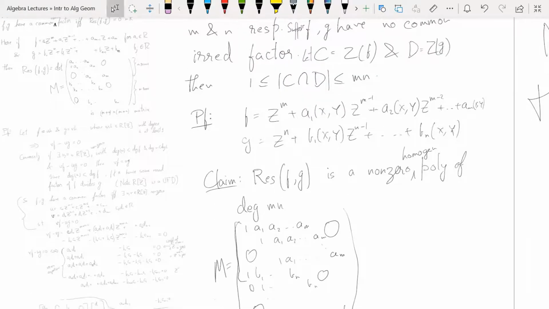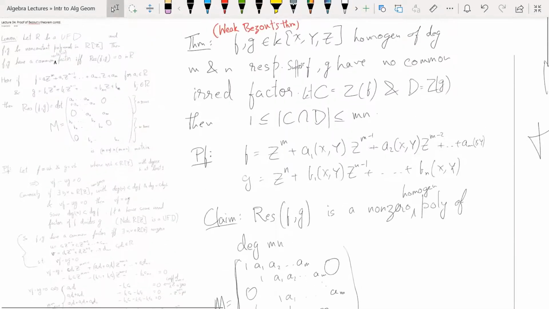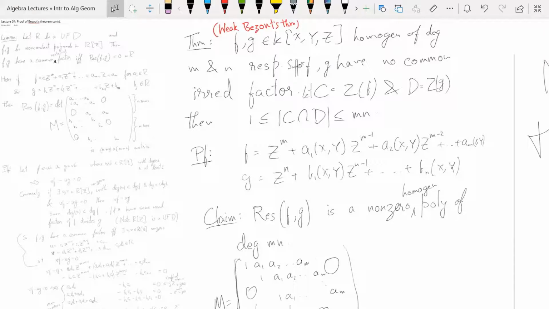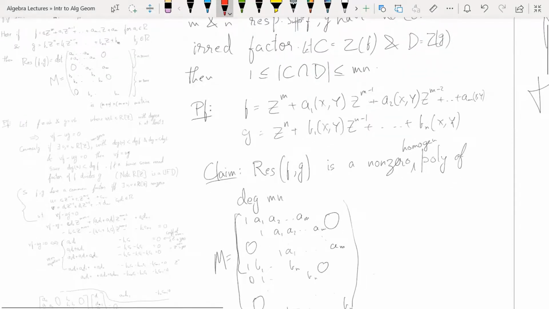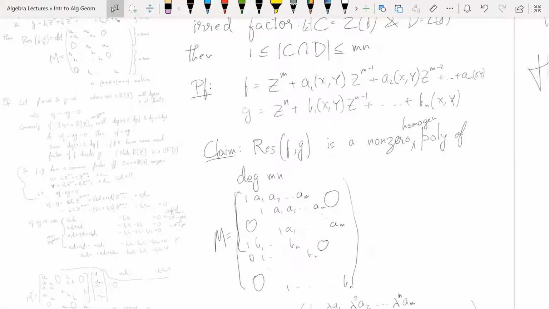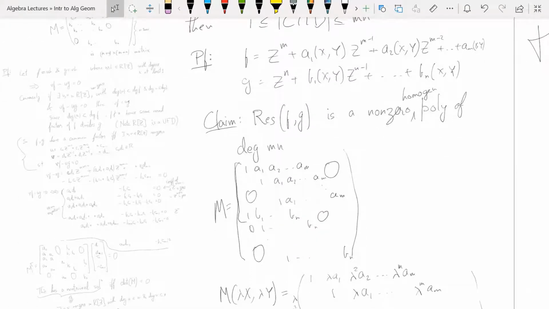Then the claim was about the resultant of f and g. Since f and g have no common factor, the lemma tells us that the resultant of f and g is a non-zero polynomial. Last time I said it's a homogeneous polynomial of degree mn, and I said homework, but maybe I'll do this homework for you. Today I have prepared why this is homogeneous.